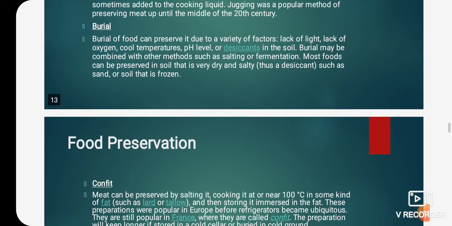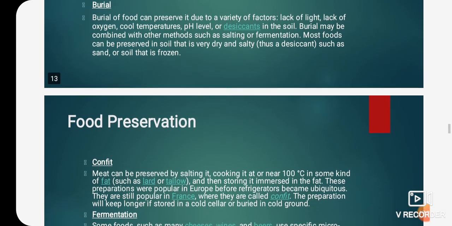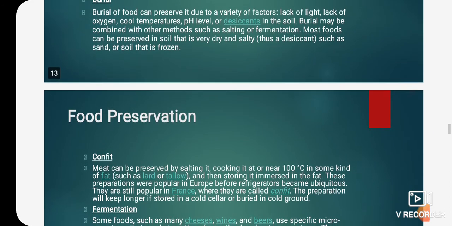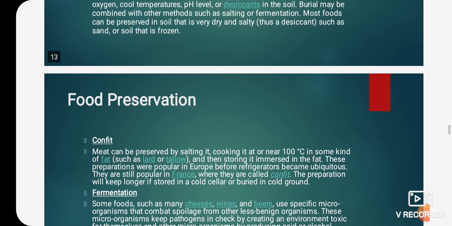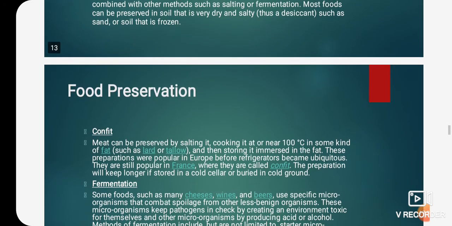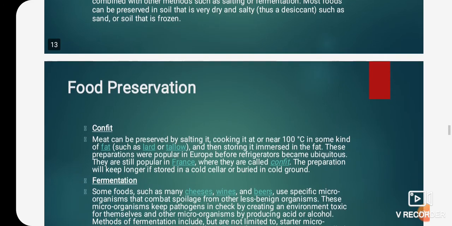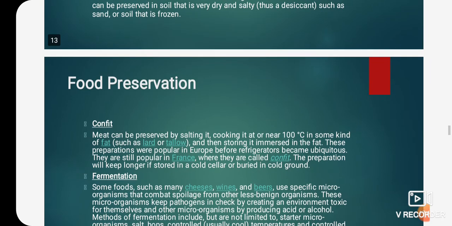Next process is confit. Meat can be preserved by salting it, cooking it at or near 100 degrees centigrade in some kind of fat, such as lard or tallow, and then storing it immersed in the fat.